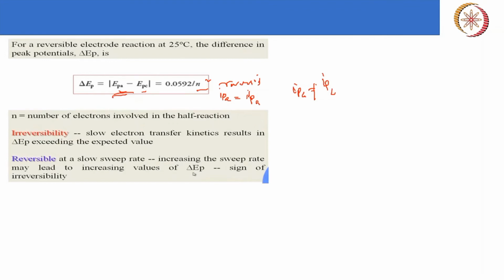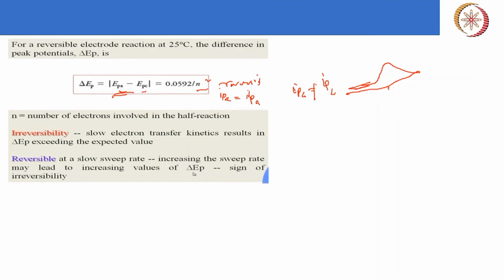And in the cyclic voltammogram you can see only one redox peak, and you do not observe any redox peak for the reverse process. So this is also the signature of an irreversible process. That means whatever time scale you are measuring the cyclic voltammogram in, in that time scale your product is not stable, so it converts to some other product, or it can convert back to the initial product chemically.